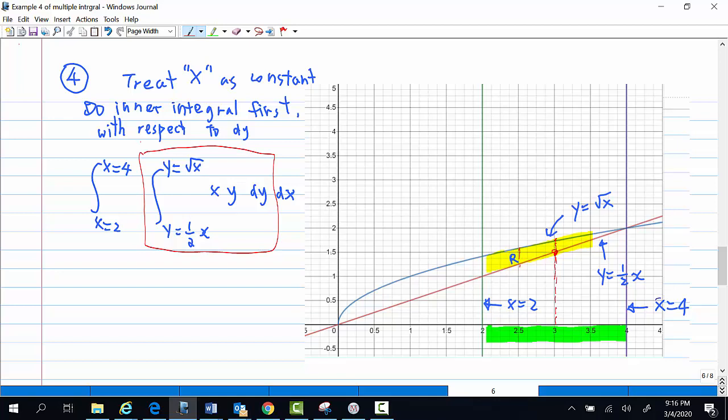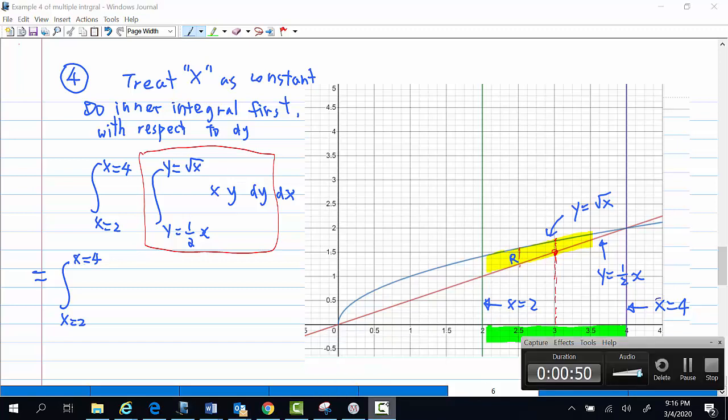So when you integrate the inner integral, x from 2 to 4, and then you keep x constant, integrate with respect to y, you get x times y squared over 2, where y equal to half x to y equal to square root of x, then dx. So this is the inner integral.